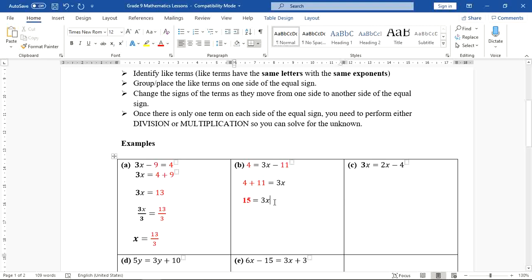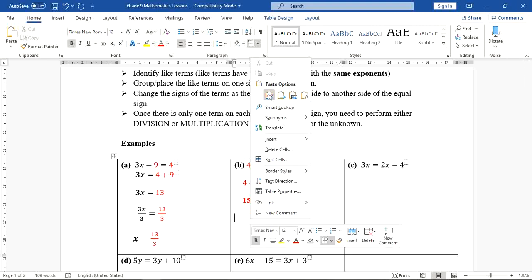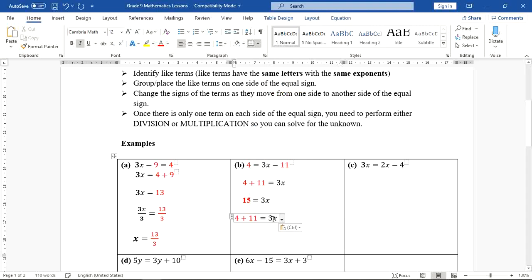If we divide both sides by 3, we get that x is equal to 5. Let's find out if we are correct. What is 5 times 3? That's 15. What is 15 minus 11? That's 4. So we are correct.